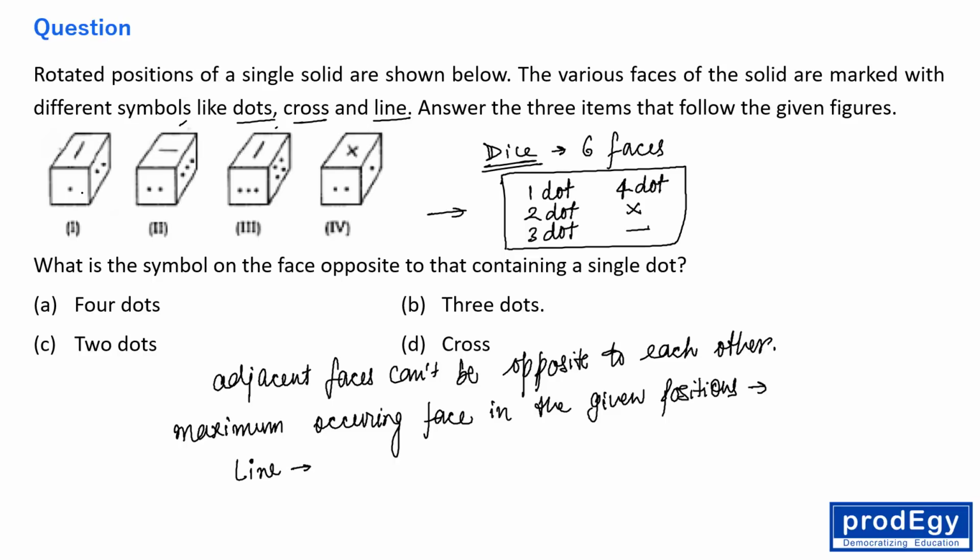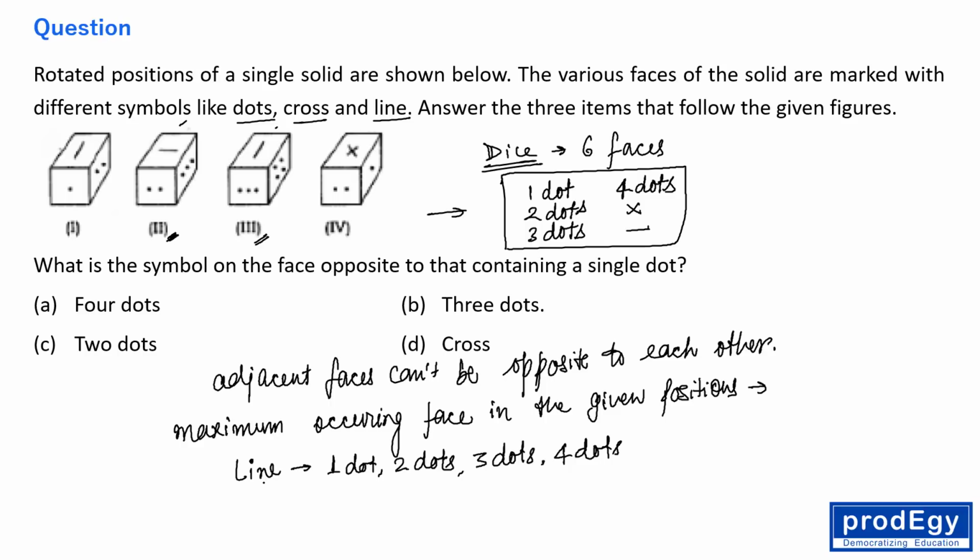So now position number 1. Position number 1 is adjacent to line and 2 is also adjacent to line. So 1 dot can't be opposite to line, 2 dots can't be opposite to line. If we talk about position number 2, three dots also can't be opposite to line. And in position number 3, 4 dots also can't be opposite to line.